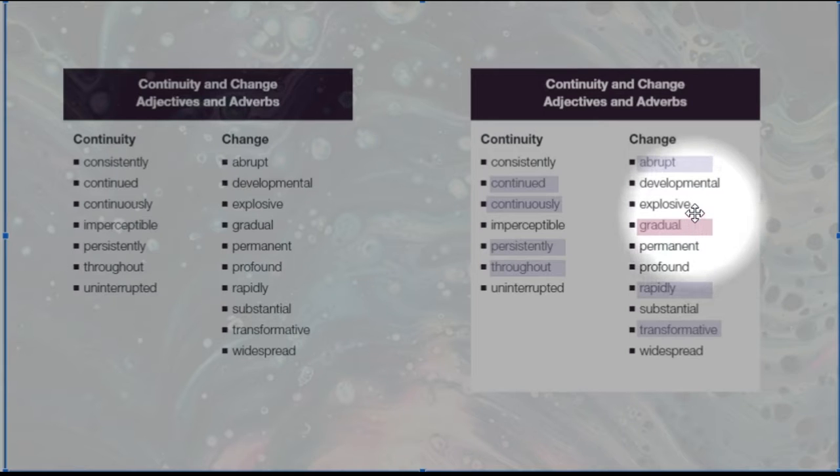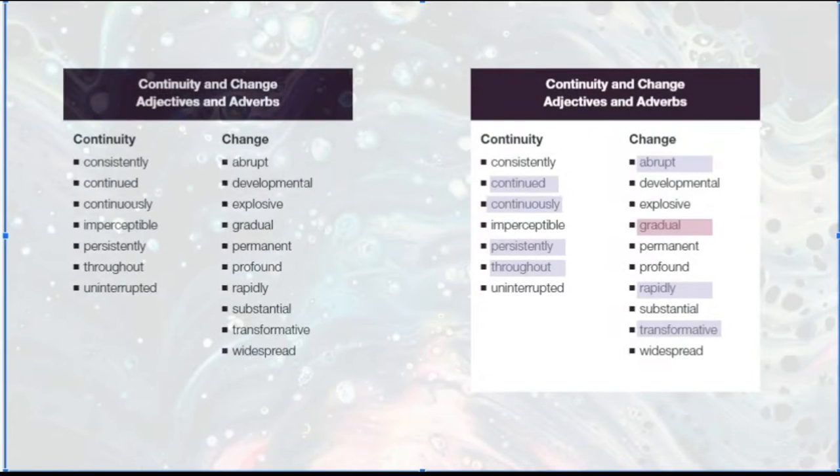The other words they have, like explosive, that's also pretty quick or has a very big effect. So again, I chose to put gradual in pink over here just to remind you that it's slow and the other ones seem to be a little faster. Okay, that is the descriptor words for change.